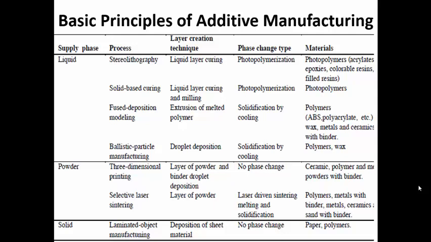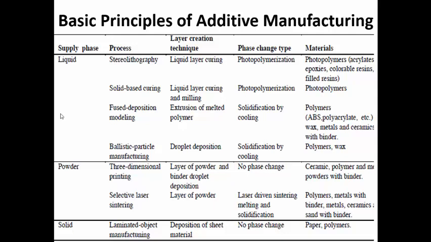The initial material can be in the form of a liquid, or a powder, or a solid. Whenever we say solid, it is other than the powder form, so that will be considered as a solid.